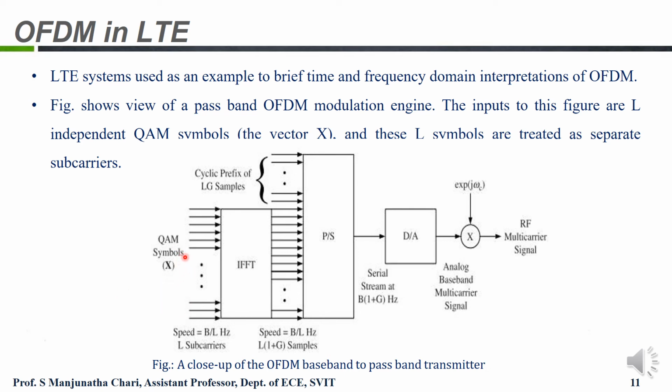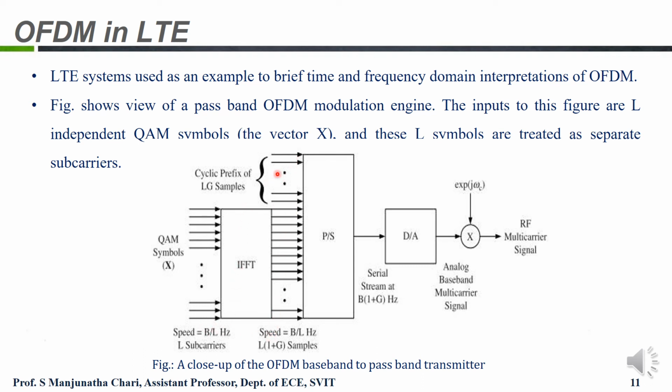As we discussed in the last case, we send a baseband signal of bandwidth B, and it is sliced into narrowband signals of bandwidth B by L. We implement the IFFT, and here we have a prefix appended, which makes LG.